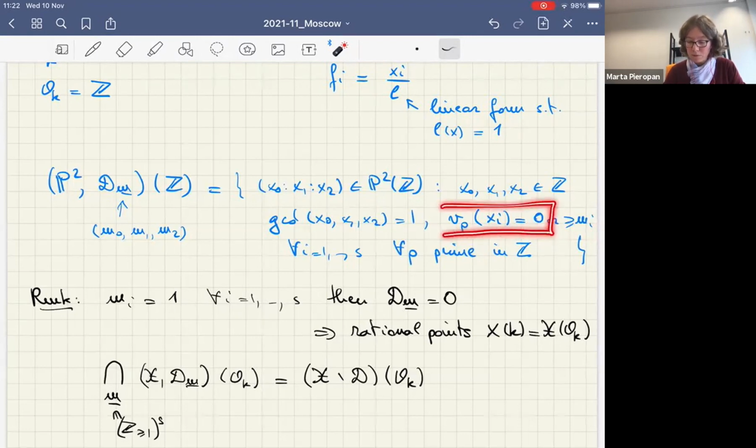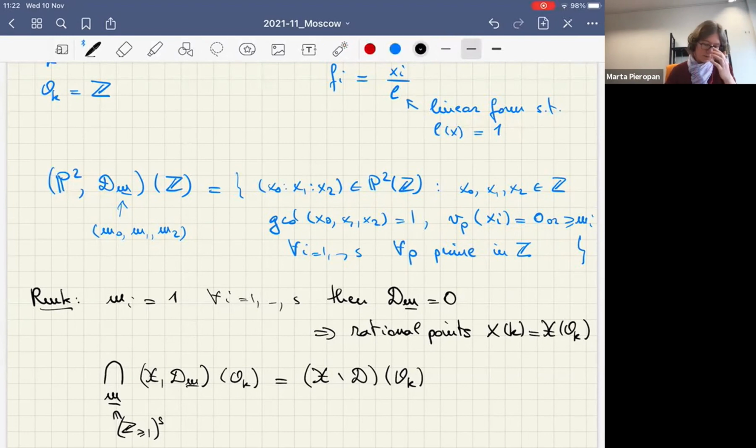And this part of the condition is just the integrality condition with respect to the given boundary component. So if we intersect all these sets of Campana points for all possible parameters m, what we are left with is the set of integral points, which is contained in each of them.